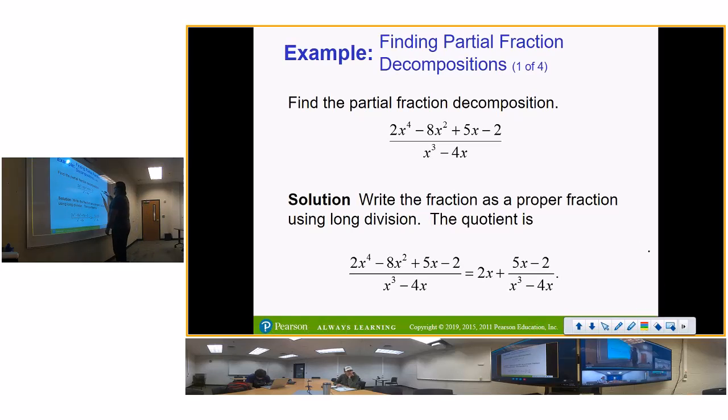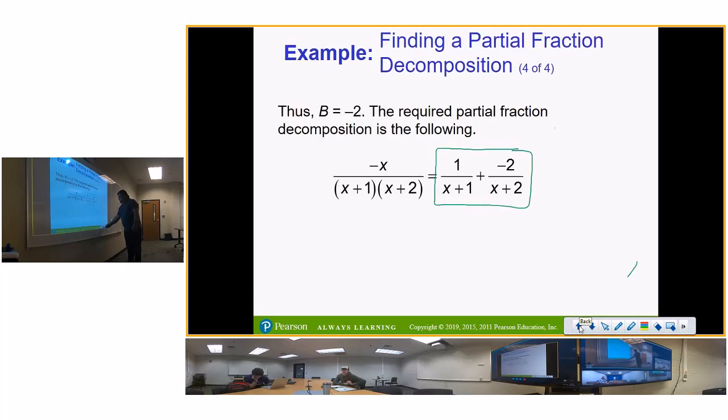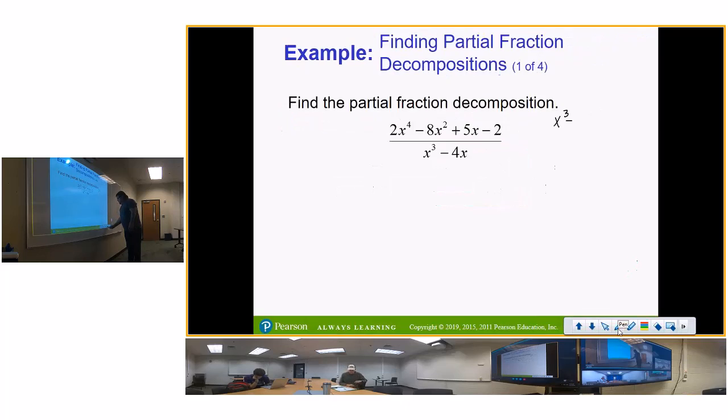So x cubed minus 4x, we're going to have to go back. Let me go back right here, and I'll have to erase it.